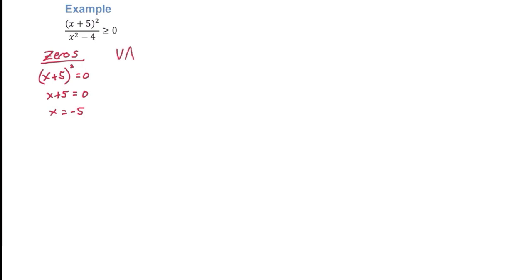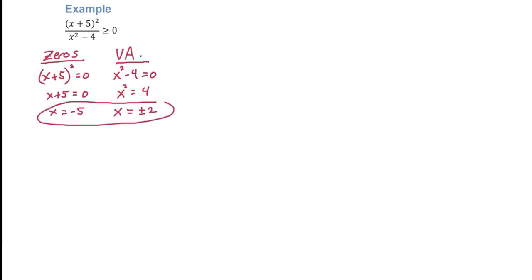Next, we'll find vertical asymptotes. To do that, we set the denominator equal to 0 and solve. Add 4 to both sides, and then square root both sides. X is plus or minus 2. These values we will call boundary points.